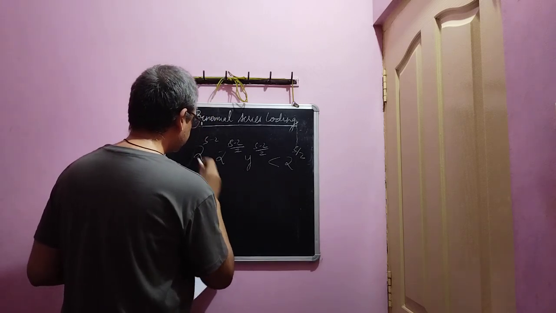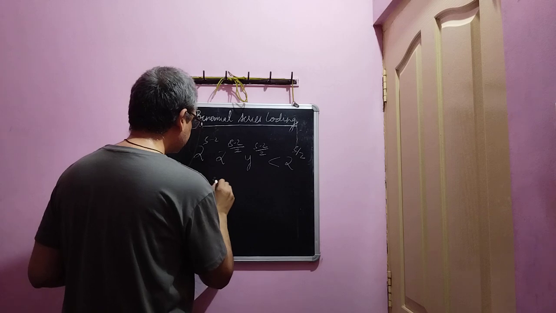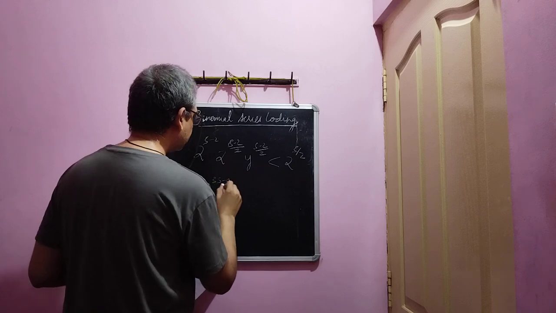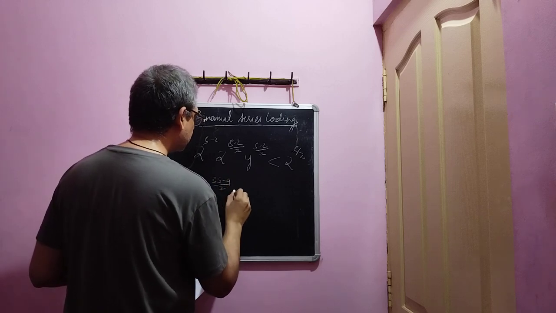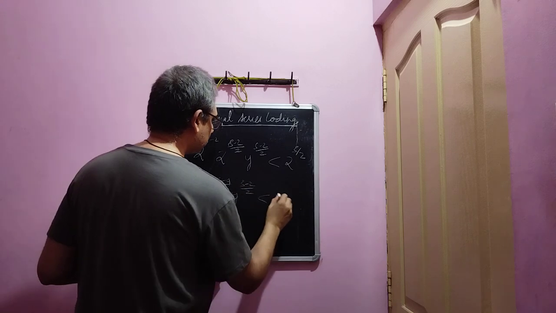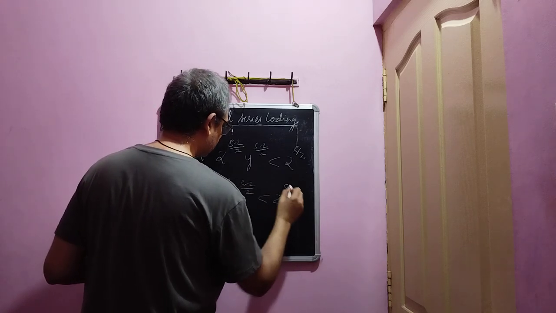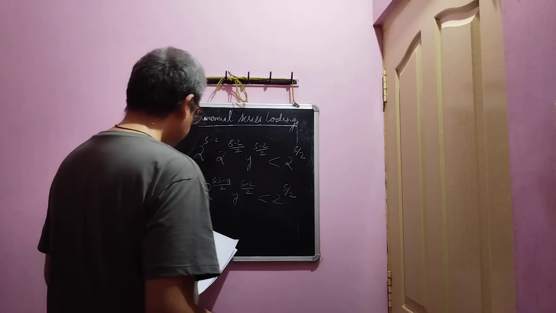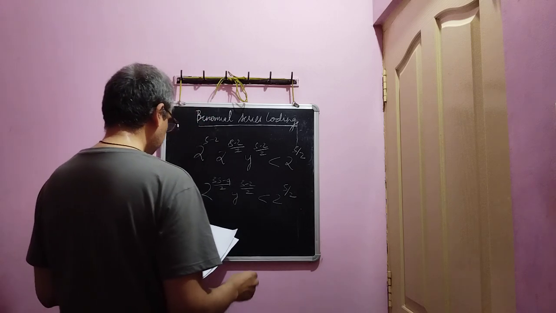or 2 power 3s minus 4 by 2 y power s minus 2 by 2 less than 2 power s by 2.